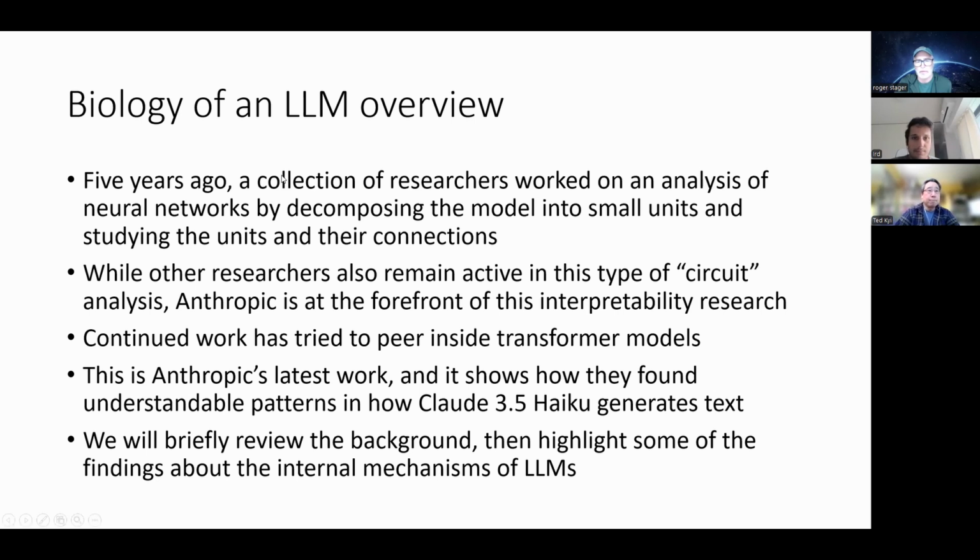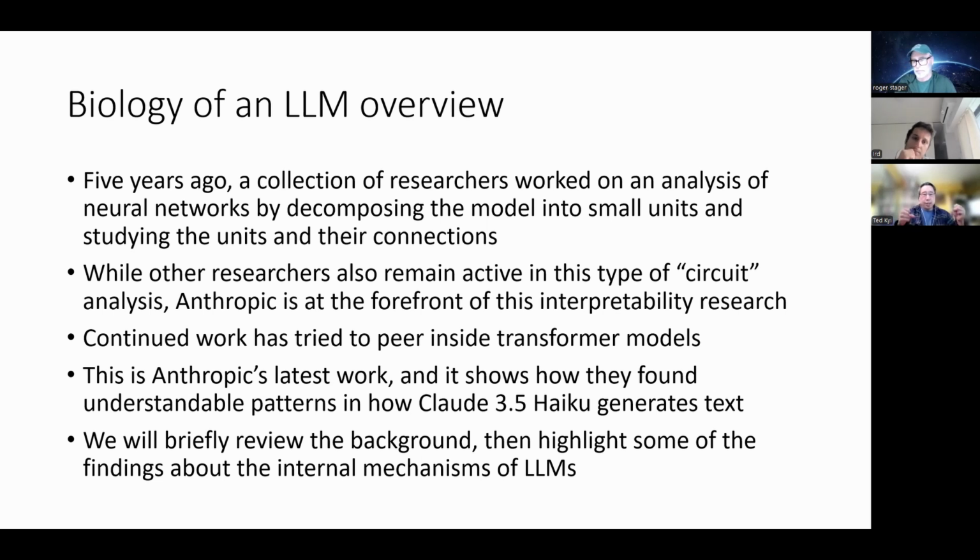Okay, some high level background. If you go back to the Distill circuits work that was published 5 years ago now, at the time they were looking at CNNs, and they performed an analysis where they decompose the model into smaller units.